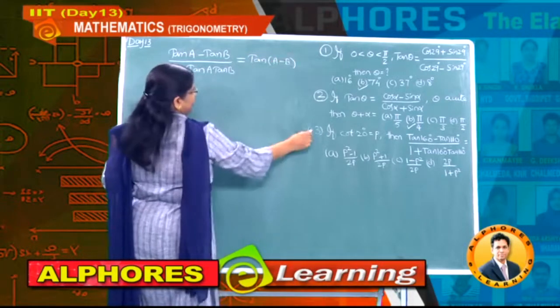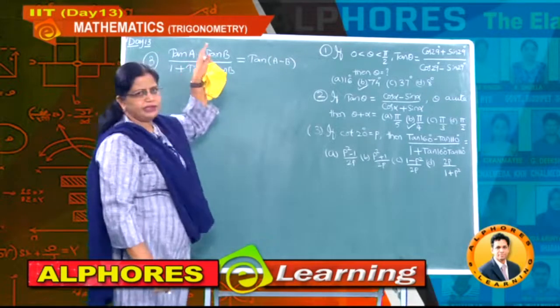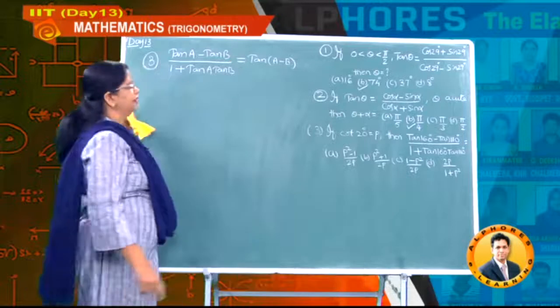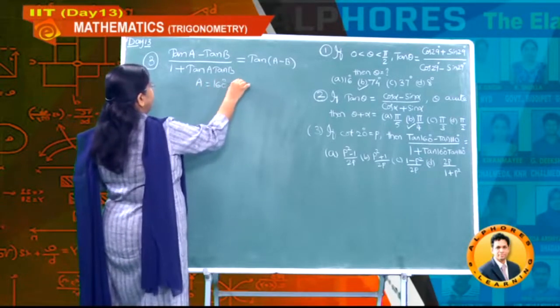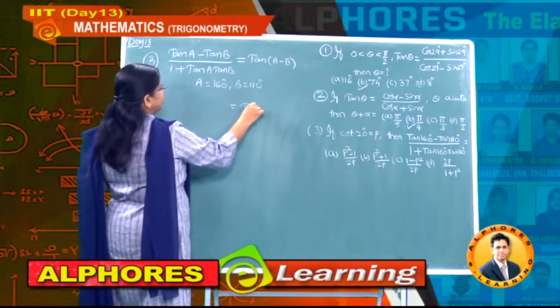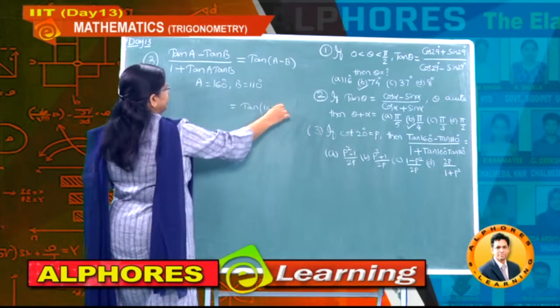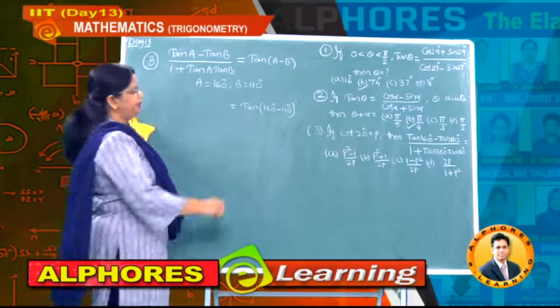Now in this problem number 3, how is our value? A is 160, B is 110. Therefore, if A equals 160 degrees and B equals 110 degrees, students, observe what answer you get. It is tan of (160 minus 110) degrees. Then what is the value if you subtract?